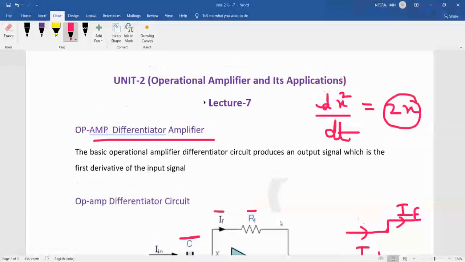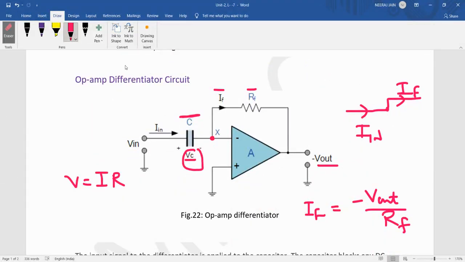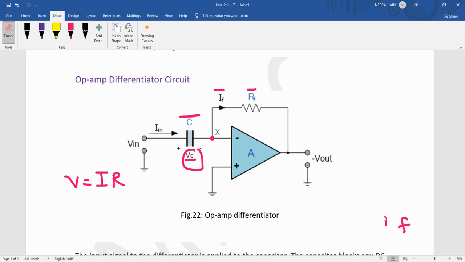In this circuit, using the differentiator, we will get this output. Here the output we get is V out is equal to minus Rf, the feedback resistance, C dV in upon dt.